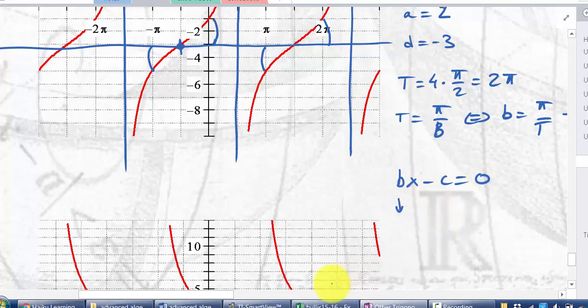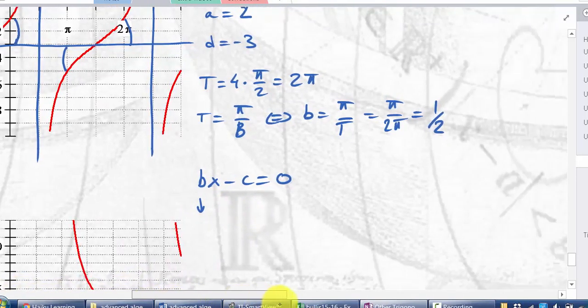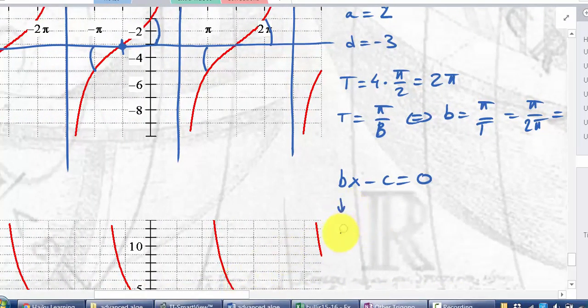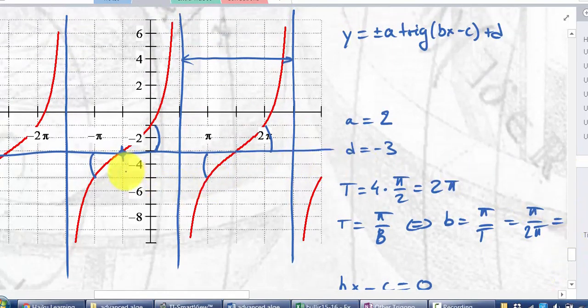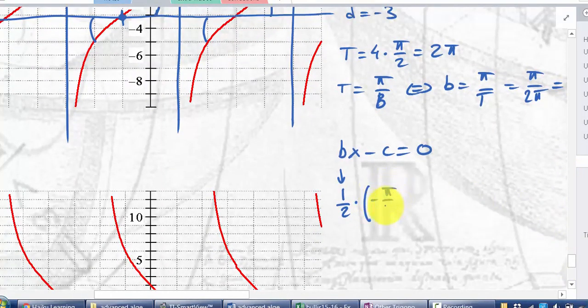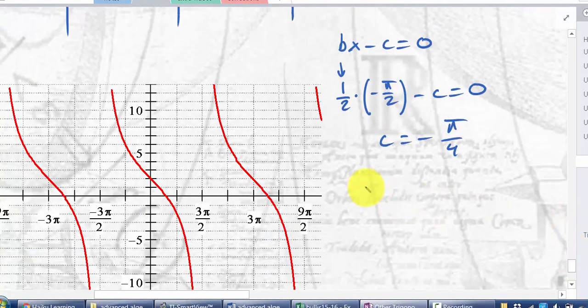So b is 1/2. So 1/2 times, I will take for my phase shift negative pi over 2, minus c equals 0. And so we have c equals negative pi over 4. That's it. I got the name.